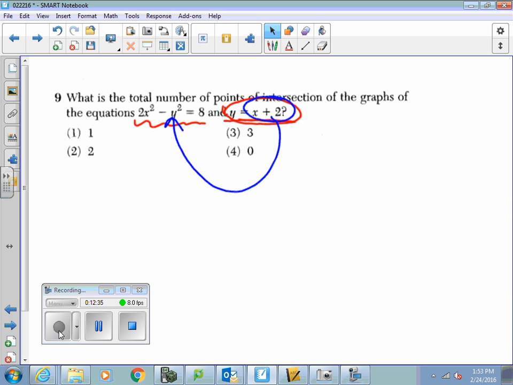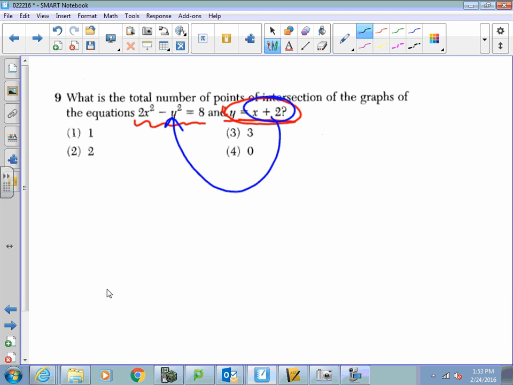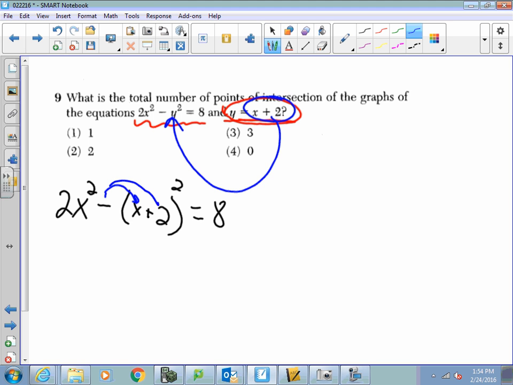And so our equation is going to be 2x squared minus, now we're going to put this in for y, x plus 2 squared equals 8. Now we're going to multiply. Don't distribute the negative, which would be multiplying, before you deal with the exponent.